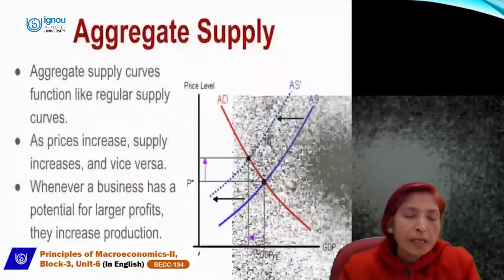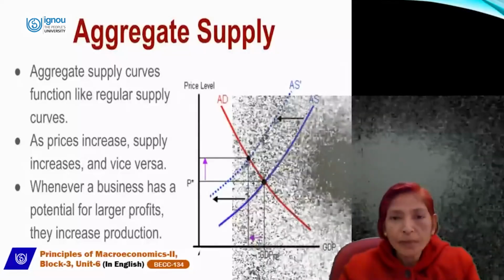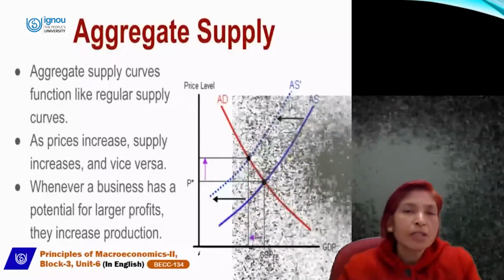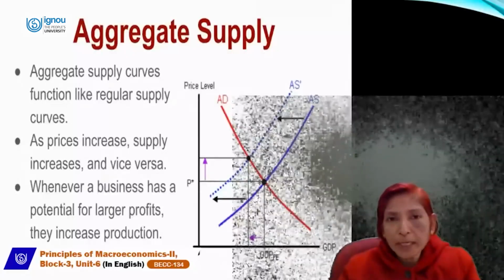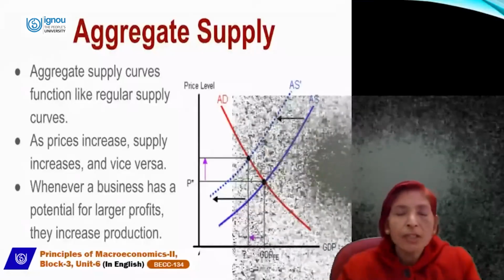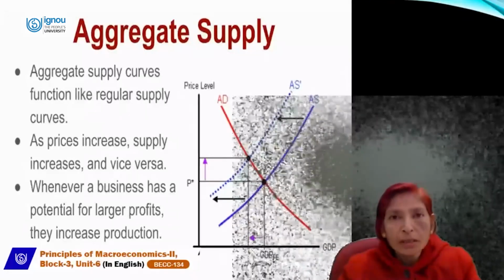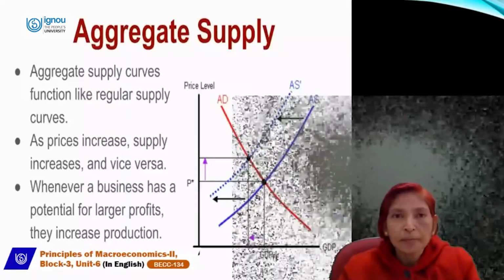And the aggregate supply curve is generally an upward sloping curve because it shows a positive relationship between price and quantity supplied. But in some situations, like in the short run or in the long run, the nature of this supply curve may change.